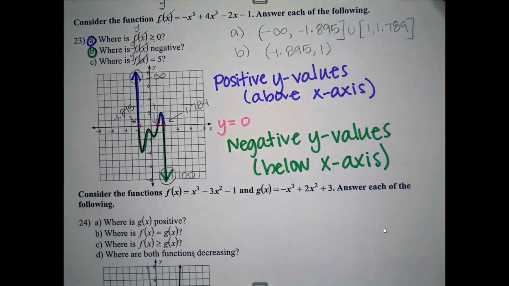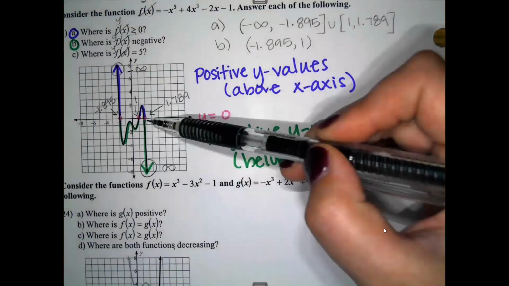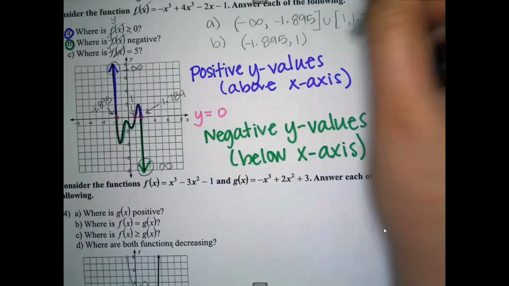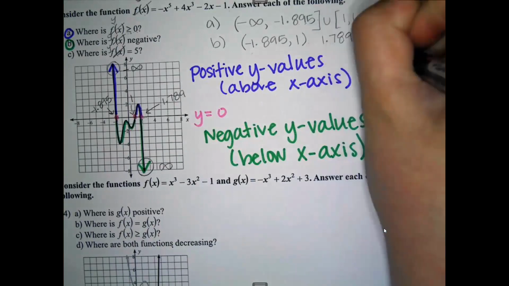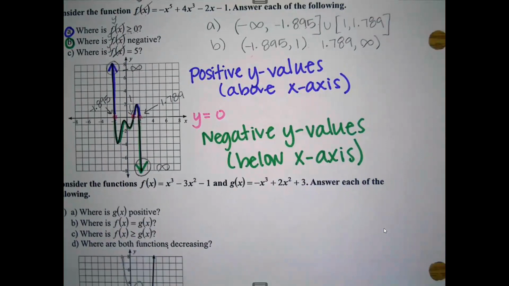All right, we got one more answer for green. So where does this answer start? 1.789 to infinity. Infinity always gets a parenthesis because you're never going to be able to plug a number in and get infinity as an answer. Your calculator never puts the infinity sign.